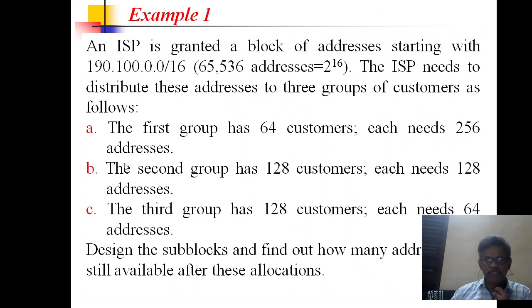Now this ISP, the service provider, is providing addresses to 3 groups of customers. The first group has 64 customers, and each needs 256 addresses. The second group has 128 customers, and each needs 128 addresses. The third group has 128 customers, and each needs 64 addresses. How the ISP divides this into many addresses and does the allocation, an example is given.